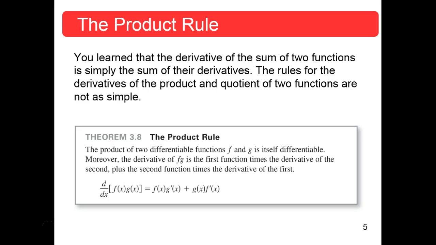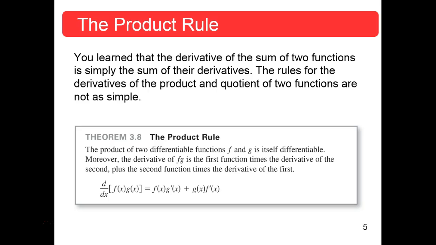The product of two differentiable functions, f and g, is itself differentiable. Moreover, the derivative of the product, f times g, is one function times the derivative of the other, plus the other times the derivative of the first.